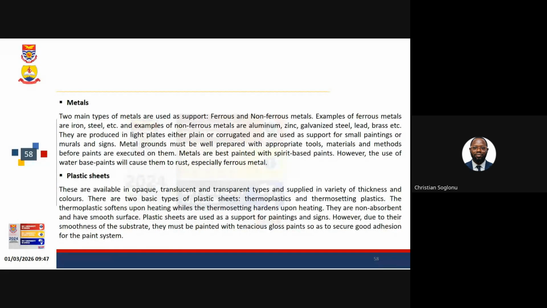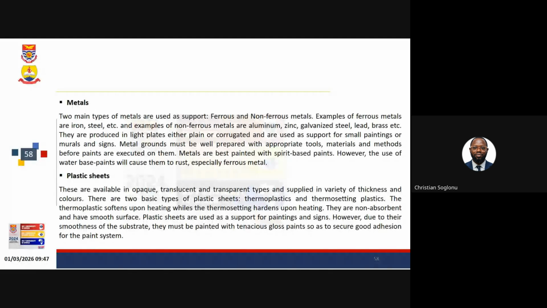So you have supports like metal. Two main types of metals are used as supports: ferrous and non-ferrous metals. So either you use ferrous metal or non-ferrous metal.